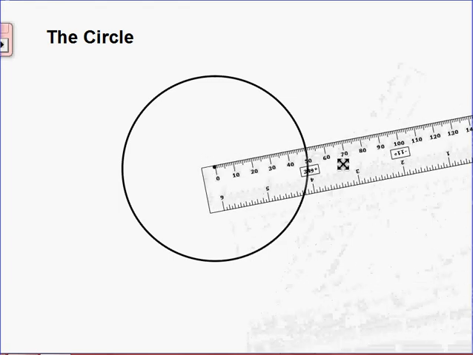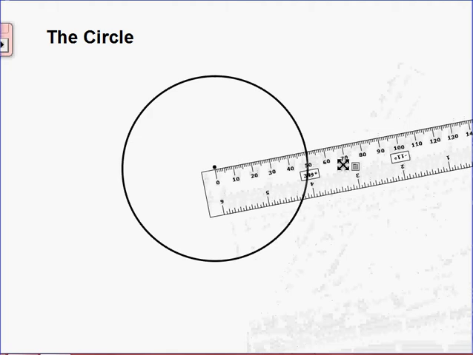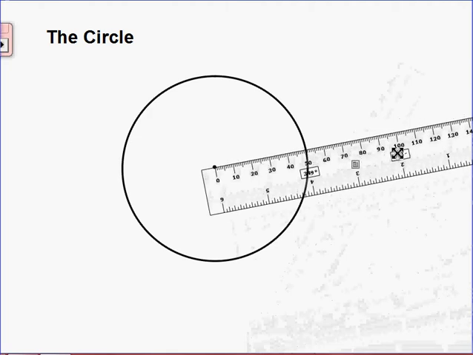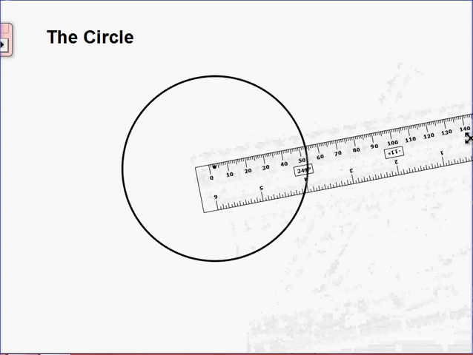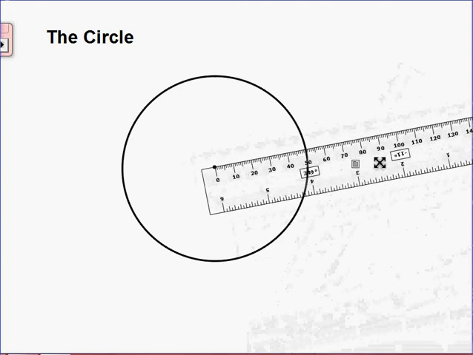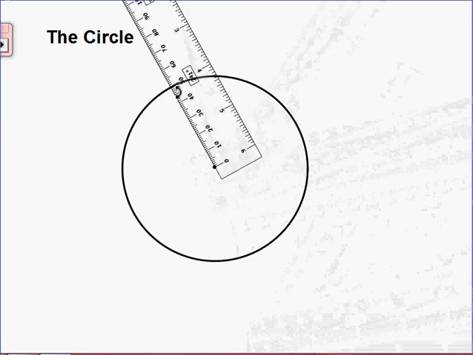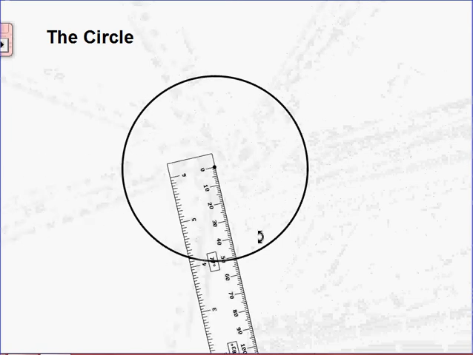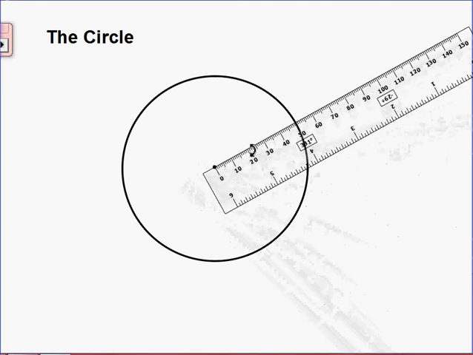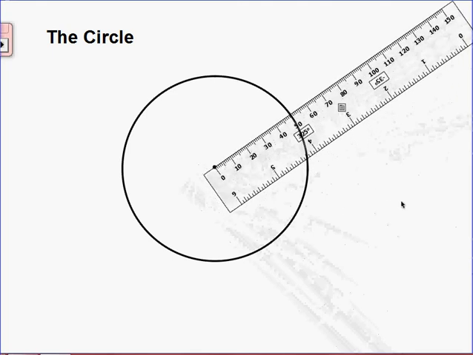I'm going to mark any radius, okay, but as you can see, if I just go around the circle with the ruler, it's 5 centimeters all around. That is a circle, okay? It's the same distance from the center to the circumference.